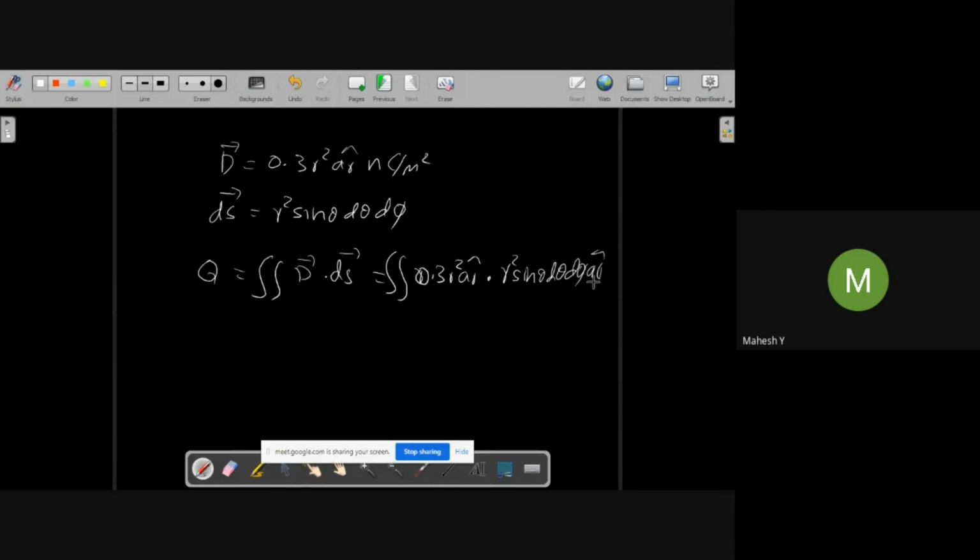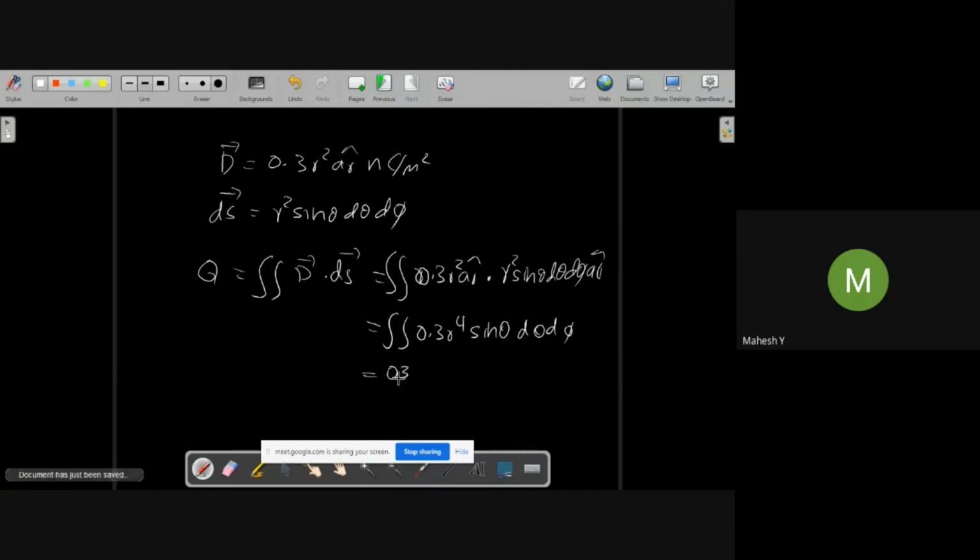So ar cap dot ar cap is 1. So double integral 0.3 r raised to 4 sin theta d theta d phi. Whichever constant is outside, you can take it outside.